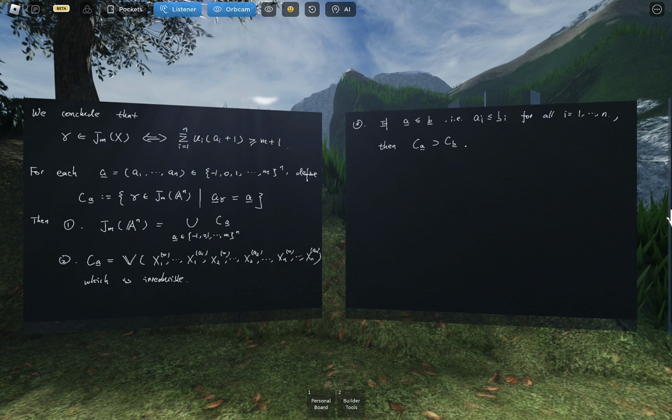This just follows from the definition of C_A. If A is less than B, then the defining ideal for C_A is contained in the defining ideal for C_B, hence C_B is contained in C_A. Any questions so far for these three conclusions we made?